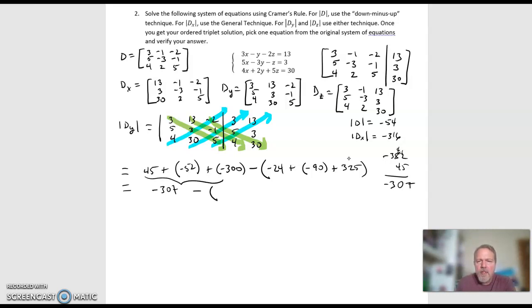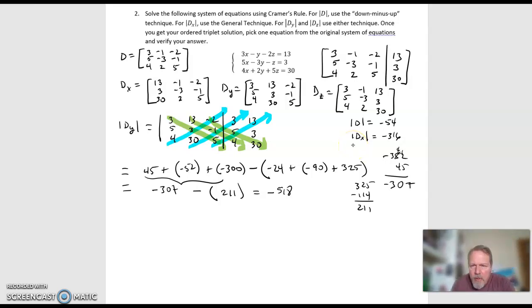Subtract off parentheses 325 and a negative 114. So 325 minus 114. My answer is going to be positive here. So that's a positive 211. So subtract those off. Negative 307, take away 211 is a negative 518.